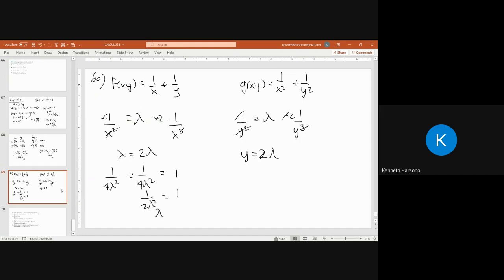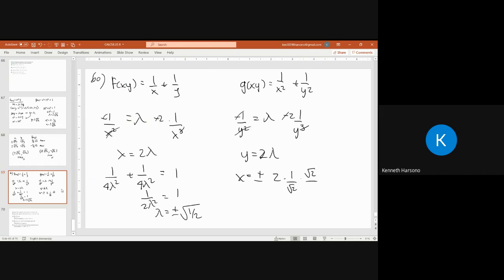So lambda is equal to plus minus square root of 1 over 2, right? And we can just substitute this one back. So x is equal to plus minus 2 times 1 over square root of 2.